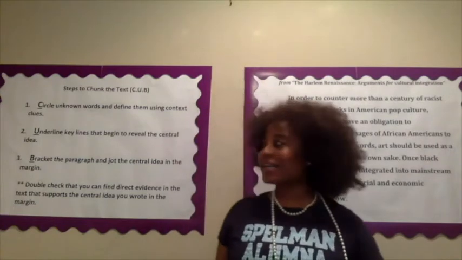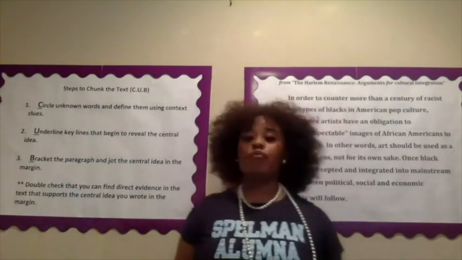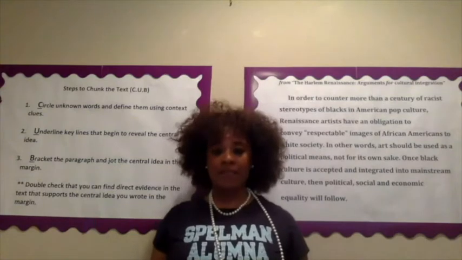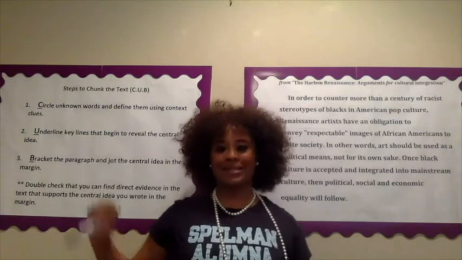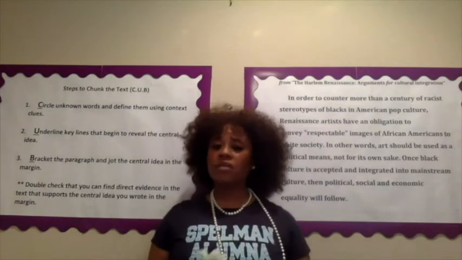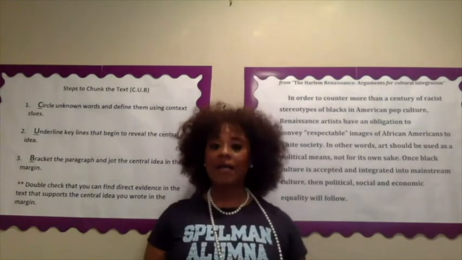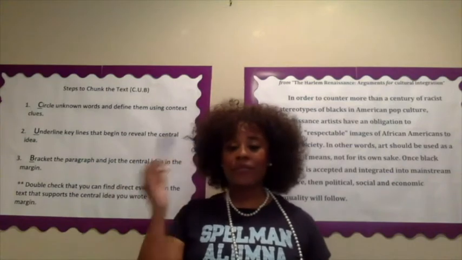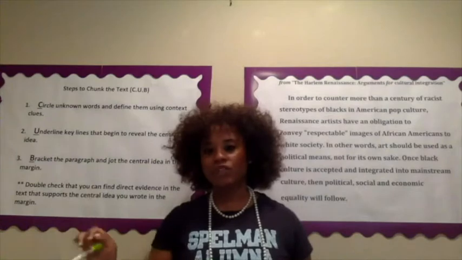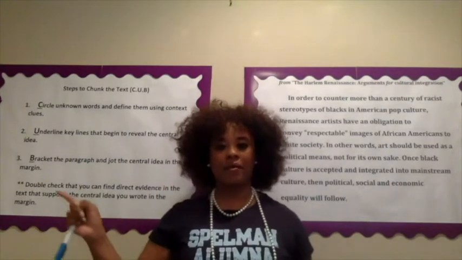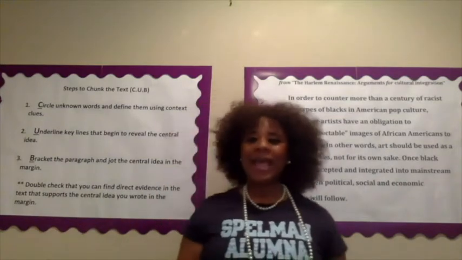All right. Then the last thing that you're going to do is bracket the paragraph. Going to draw a quick little bracket and you're going to jot your central idea there. It doesn't have to be a full sentence or a lot of words, just something so that when you go back to review and read, it can easily remind you, oh, this paragraph was about that. Cool? All right.